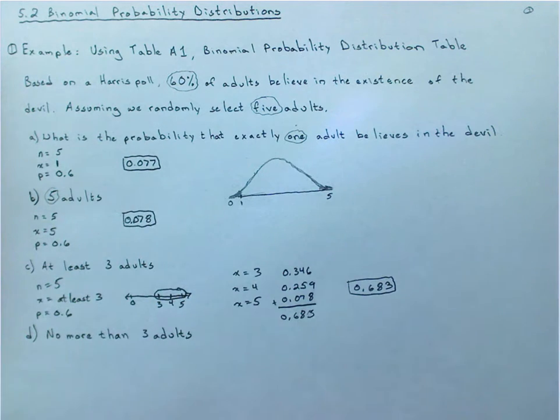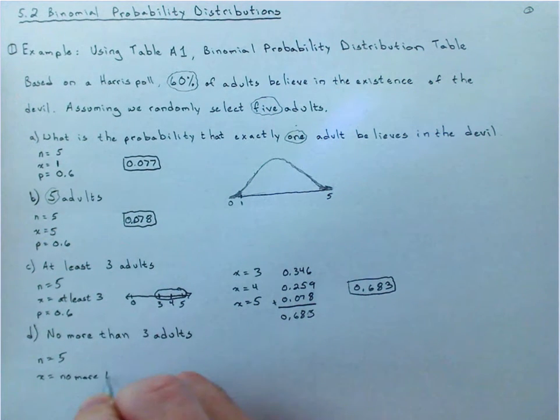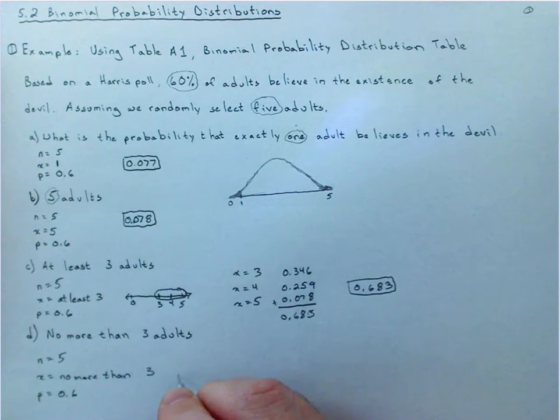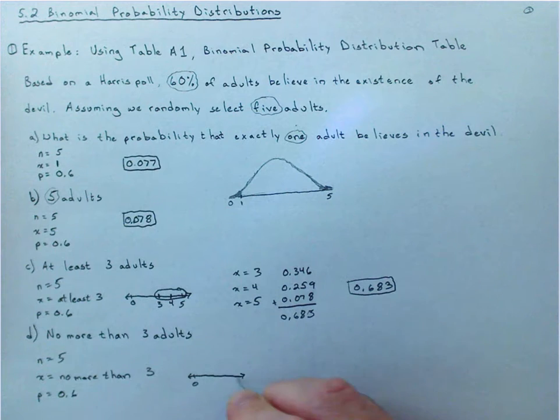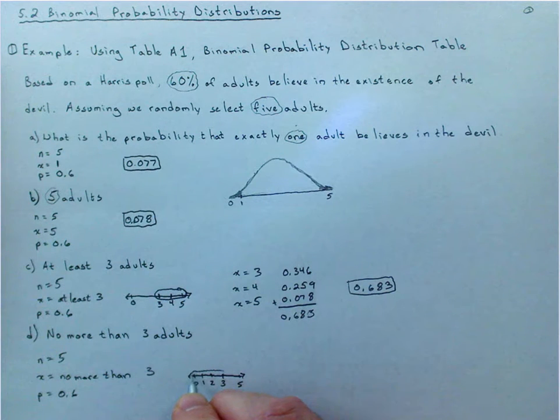And then no more than 3 adults. We're looking at the opposite of at least 3. Again, ranging from 0 to 5, so here's 3. I want no more than 3 people to travel in the car.